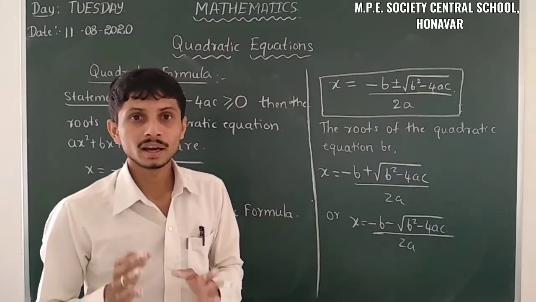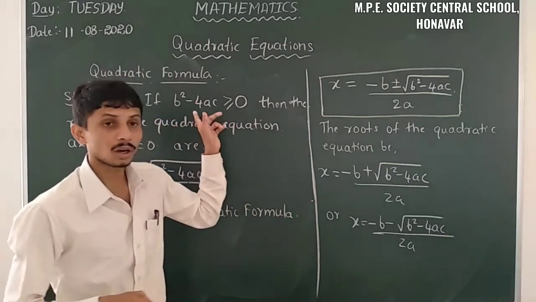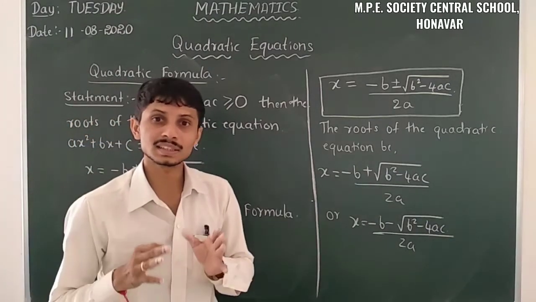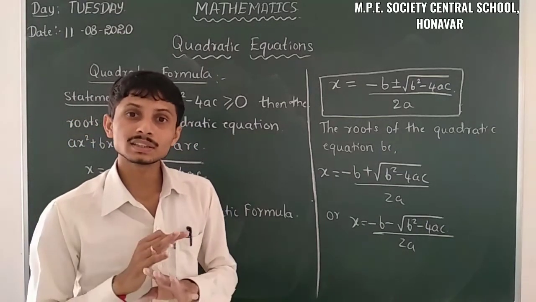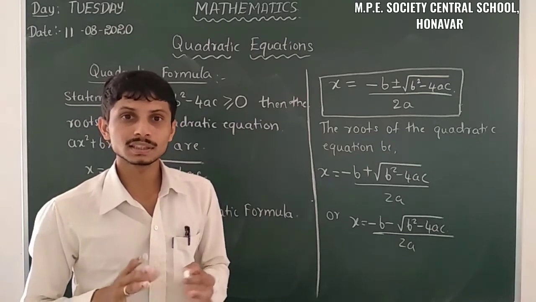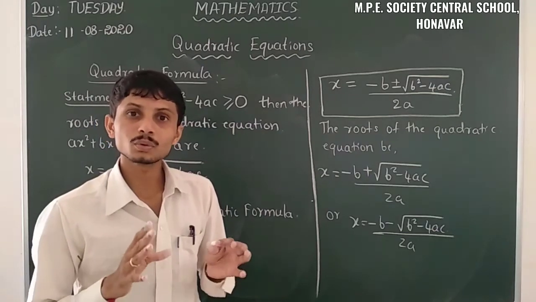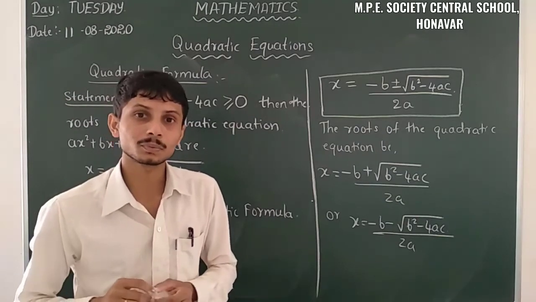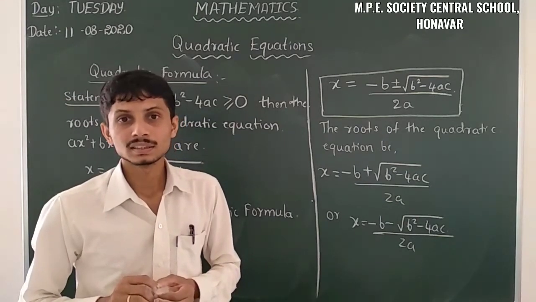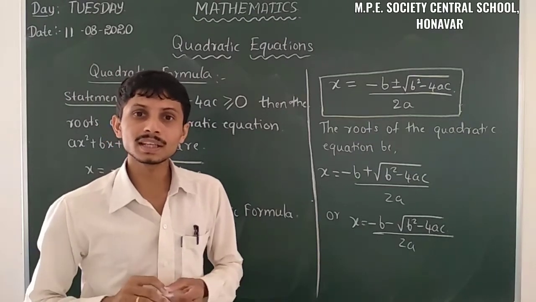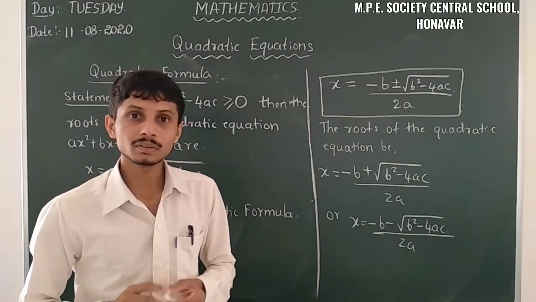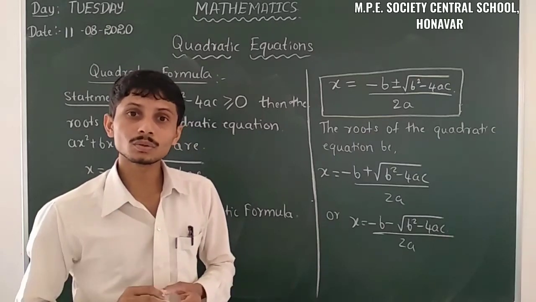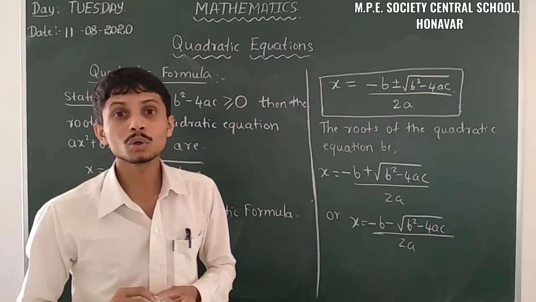So there is no existence of b square minus 4ac less than 0 for real roots. If b square minus 4ac is less than 0, that means the quadratic equation has no real roots.